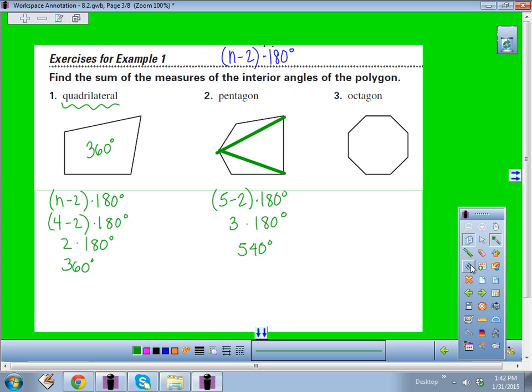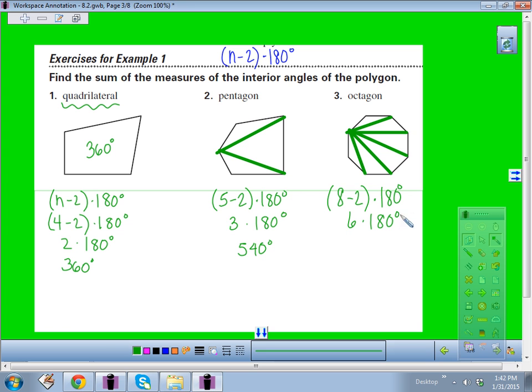If it is an 8-sided figure, it should have 6 triangles that can be drawn from the same vertex to all the other vertices. Okay, so that should give me 6 triangles, and it does. And so now we do octagon is 8 sides, 8 minus 2 times 180. And that gives me 6 times 180. And 6 times 180 is 1,080 degrees.